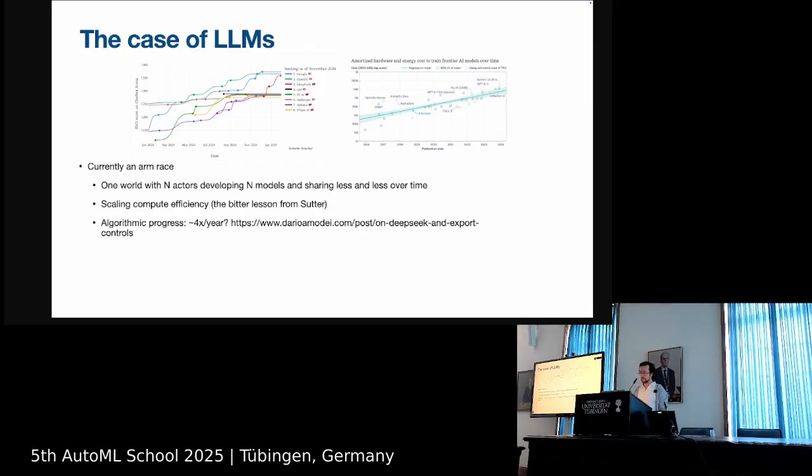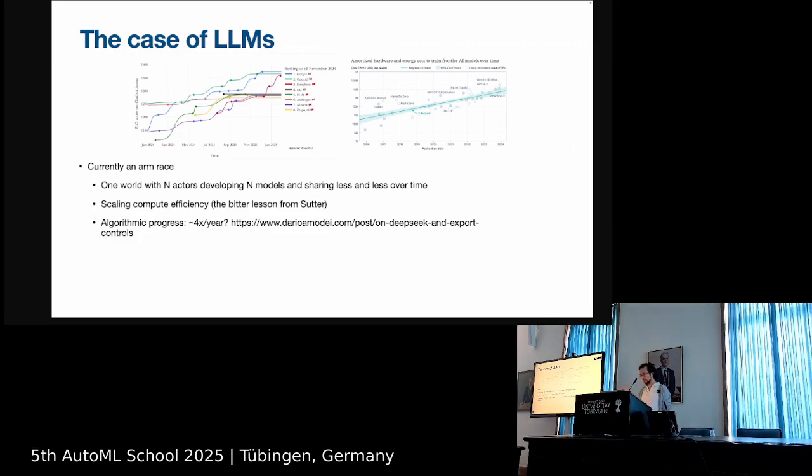And there are some things that are helping, like algorithmic progress. If you want to reach the same perplexity, the same quality, the cost is decreasing very fast because the GPUs are improving, but also the algorithms are improving. We have better optimizers, better everything.